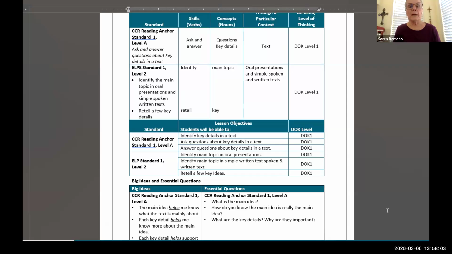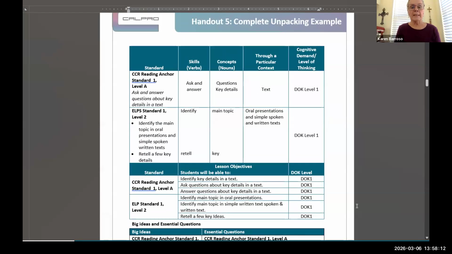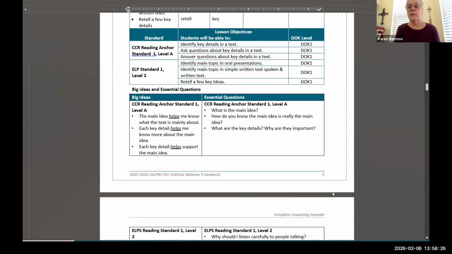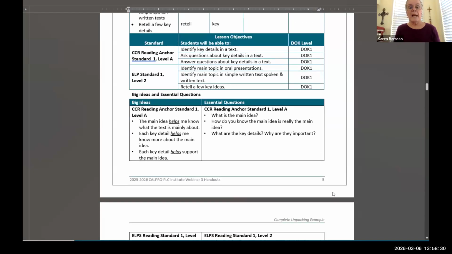This was the one that we showed you. And we unpacked the standard. Then if you notice, after unpacking, we actually have the lesson objectives, right? We unpack them, we put the lesson objectives together. This is a beginning level, so the depth of knowledge was a 1. And then we actually looked at big ideas and essential questions.